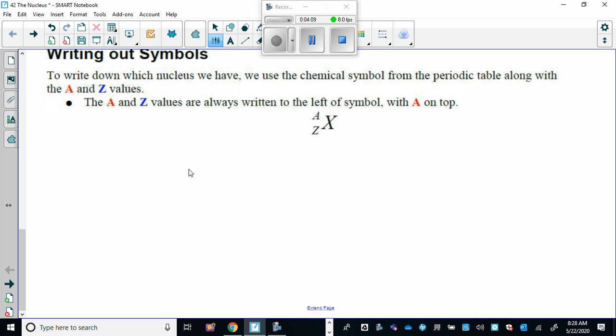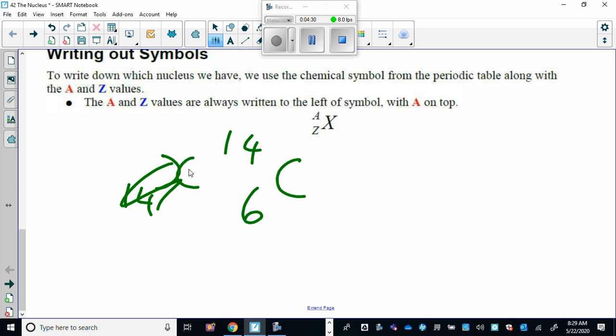So if I have something like, oh, I should have brought my periodic table, and there isn't one here. That's okay. I know carbon, 6, C, and then I put a 14 there.